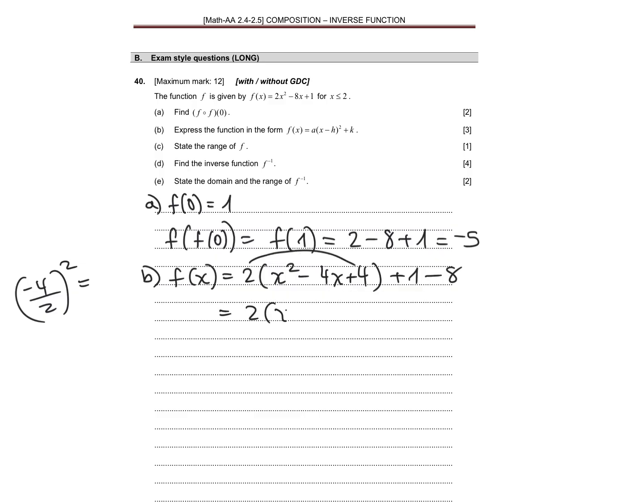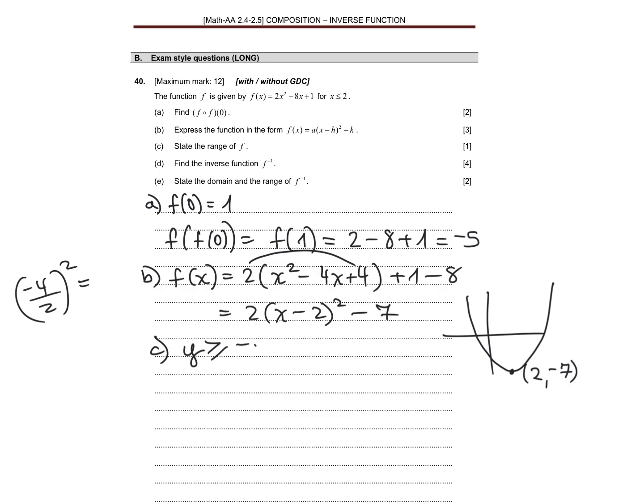Factoring that, it's going to be 2(x minus 2) squared, and then -7. So this is a parabola with vertex (2, -7), and it's opening up. And that means for C, the range is going to be all the y's greater than or equal to -7.